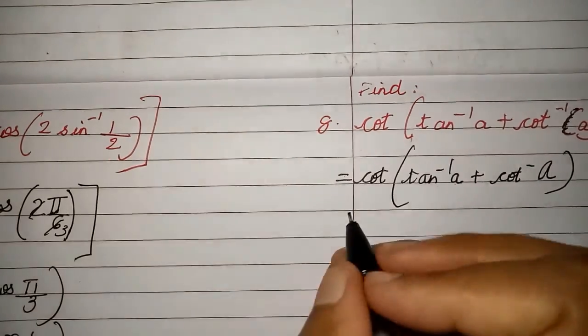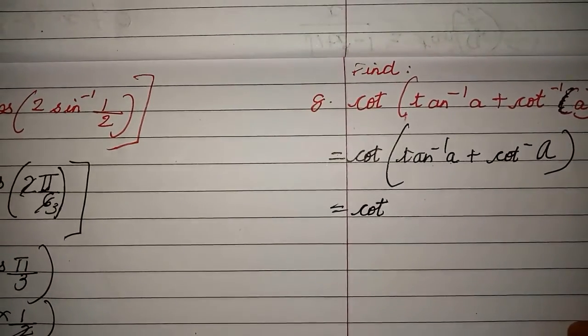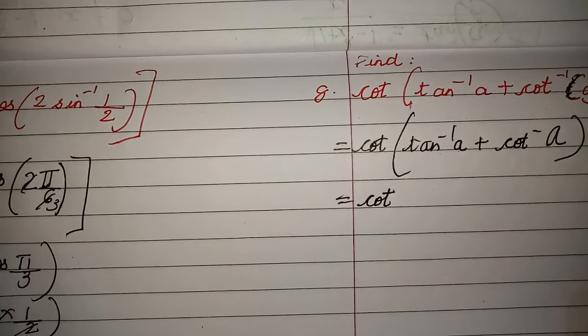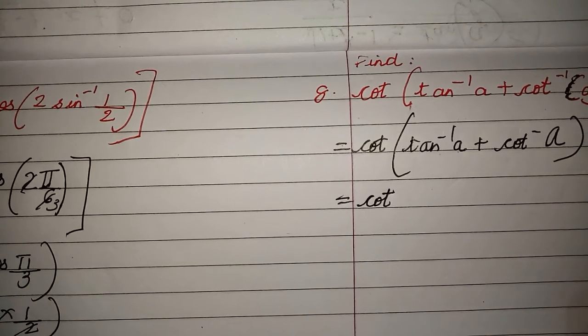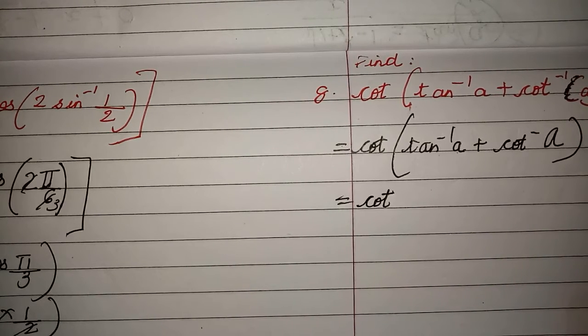Children, in the class before the previous class, you learned properties of inverse trigonometric functions. In that you have seen that sin inverse plus cos inverse of the same angle is pi by 2. Similarly, tan inverse plus cot inverse of the same angle is pi by 2. Similarly, sec inverse plus cosec inverse of the same angle is pi by 2.